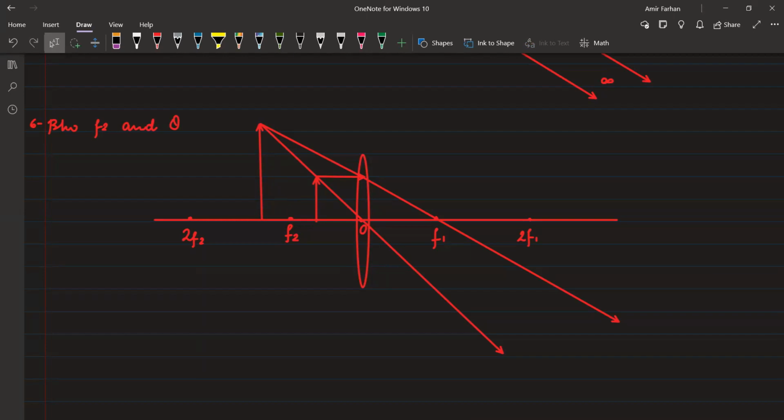And as you can see, this is an upright image, so this is called a virtual image. Yes or no, everyone? So U will be between F and O. V will be behind the lens, on the same side of the lens, you can say.